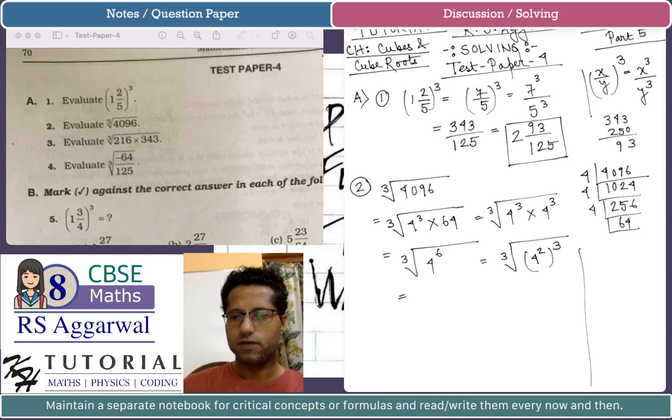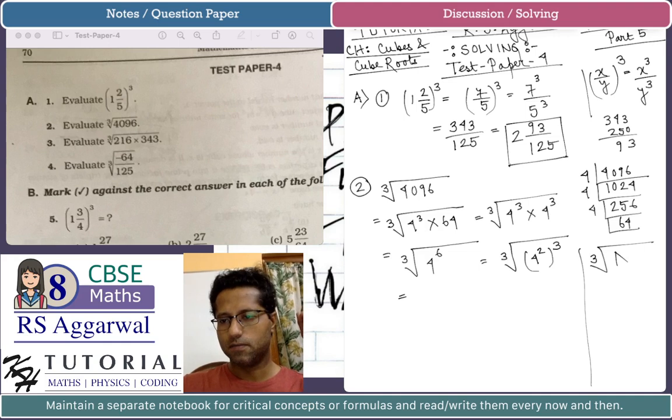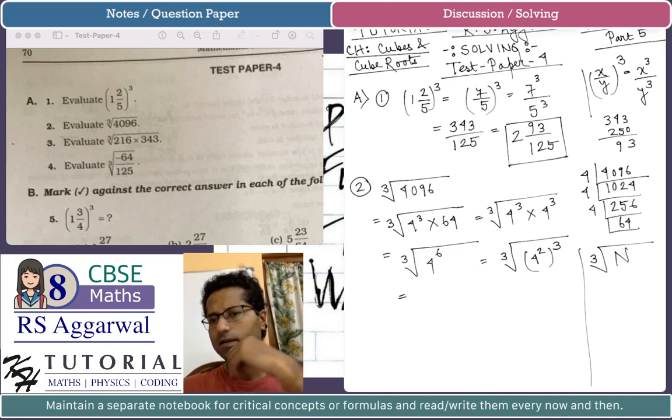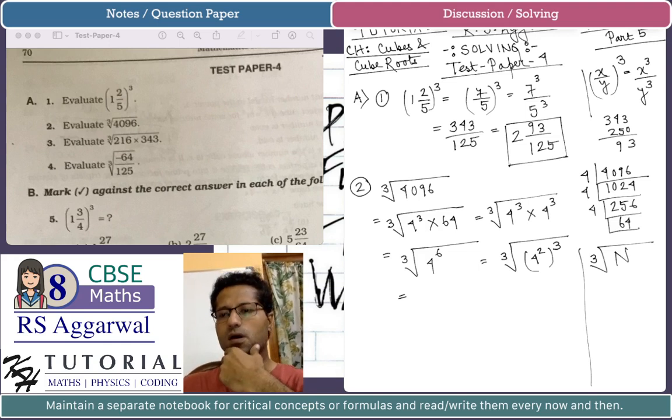So the idea is whenever you are asked to find cube root of some number, or any expression n, where n could be some number, some product of 2 or 3 numbers, or some expression with variables x, y, z, whatever.